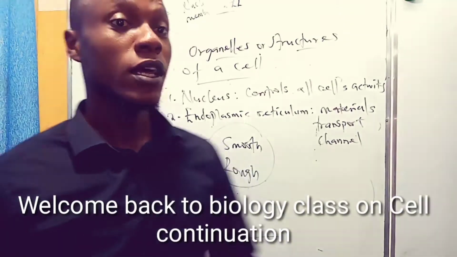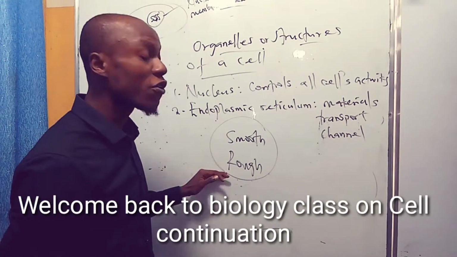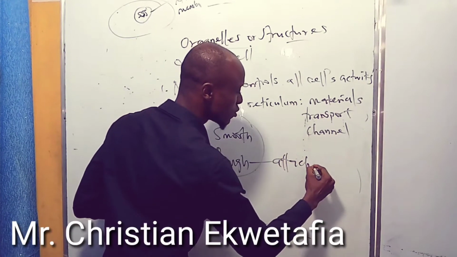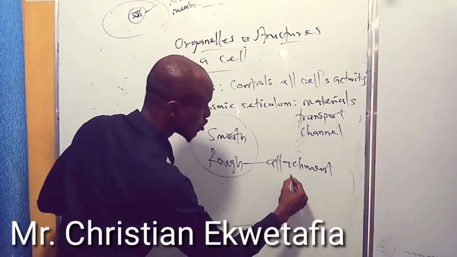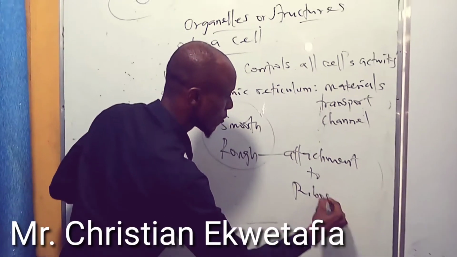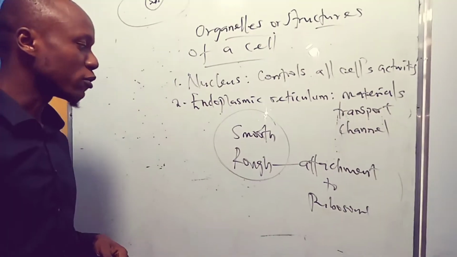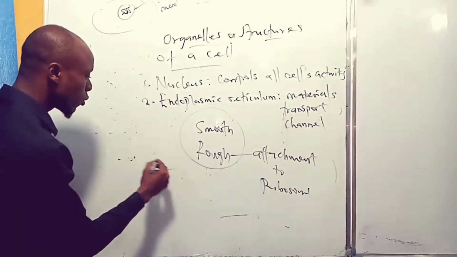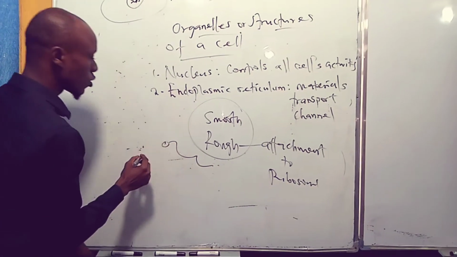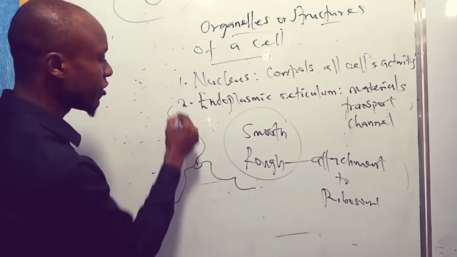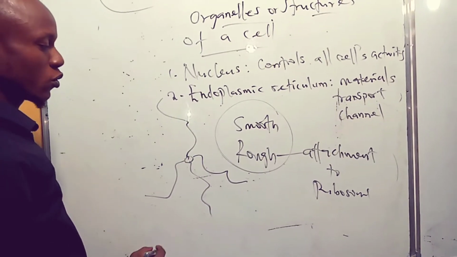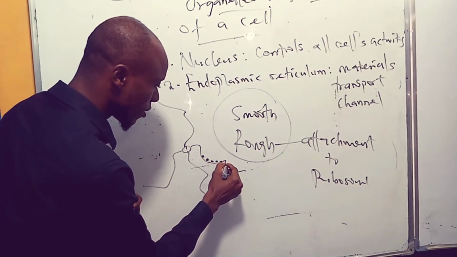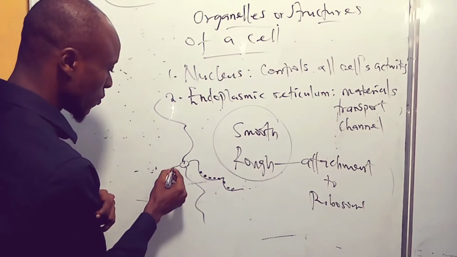Reticulum, between the smooth and the rough endoplasmic reticulum is the attachment of ribosomes to the rough endoplasmic reticulum, which made it rough. For example, if this is the nucleus and the reticulums are extensions, in the rough one you'll see something like this: attachment of ribosomes.